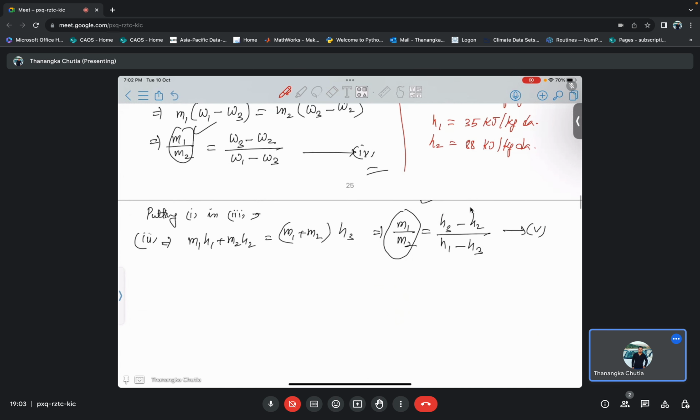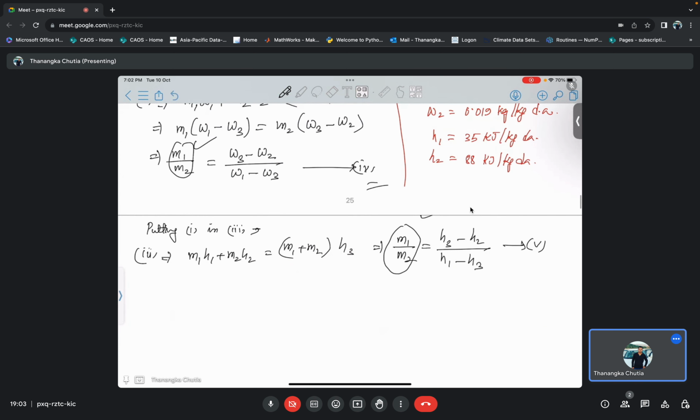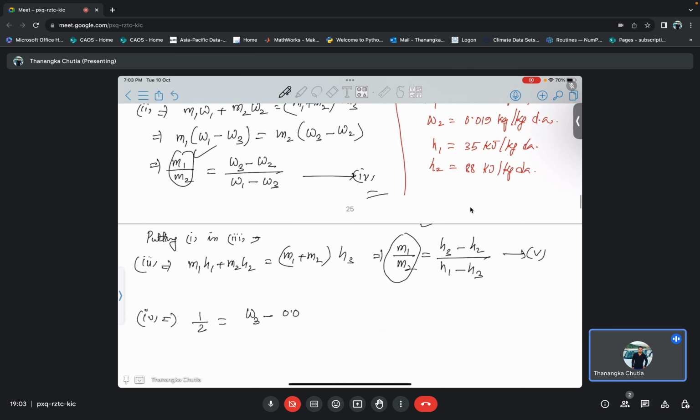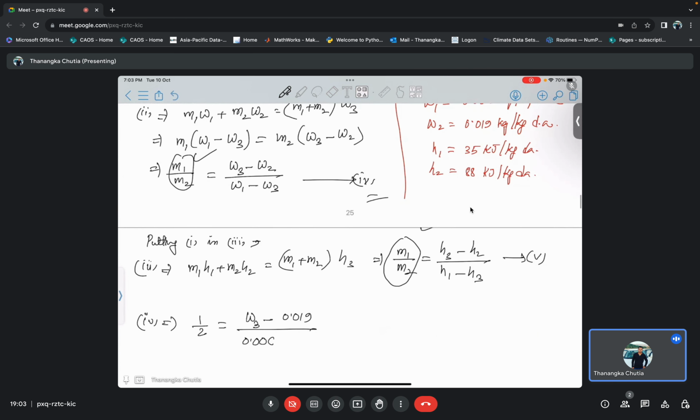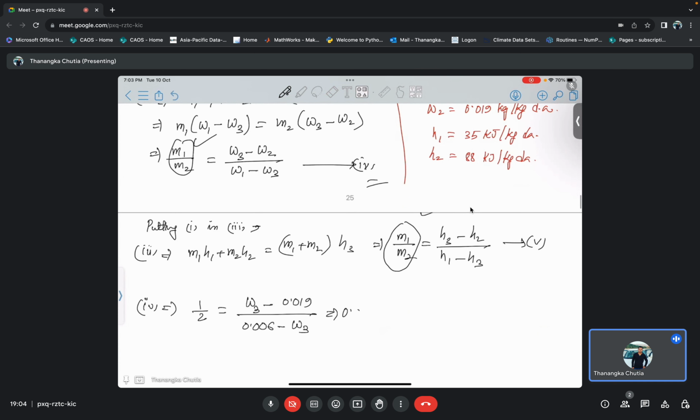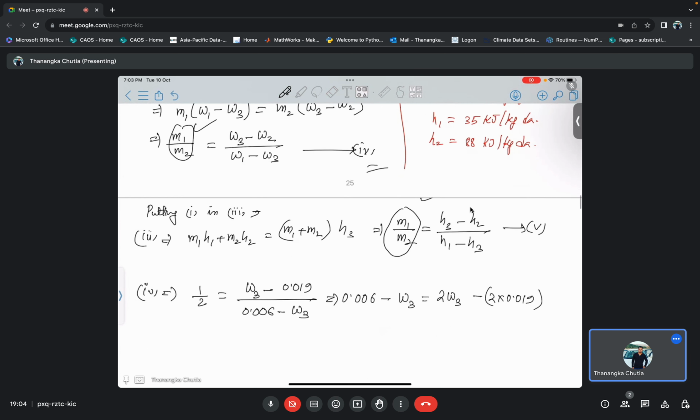Therefore equation 4 now gives m1 by m2, that is half, equal to W3 minus W2, 0.019, divided by W1, 0.006, minus W3. So 0.006 minus W3 is equal to 2 times W3 minus 2 into 0.019.